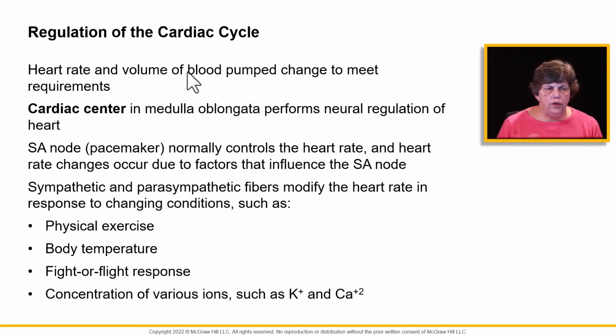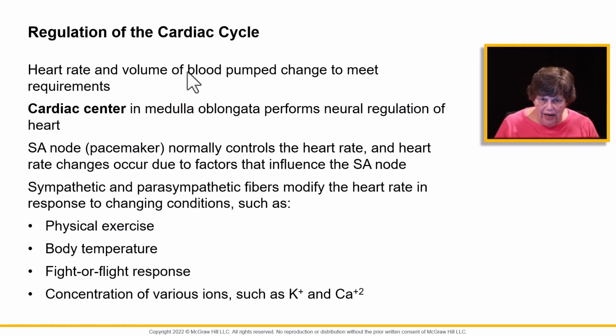All right. So what regulates this? Well, the body's going to regulate the rate and the volume depending on what you're doing. There is a cardiac center in the medulla that looks at this regulation. Normally, the SA node will control the heart rate. It is genetic.